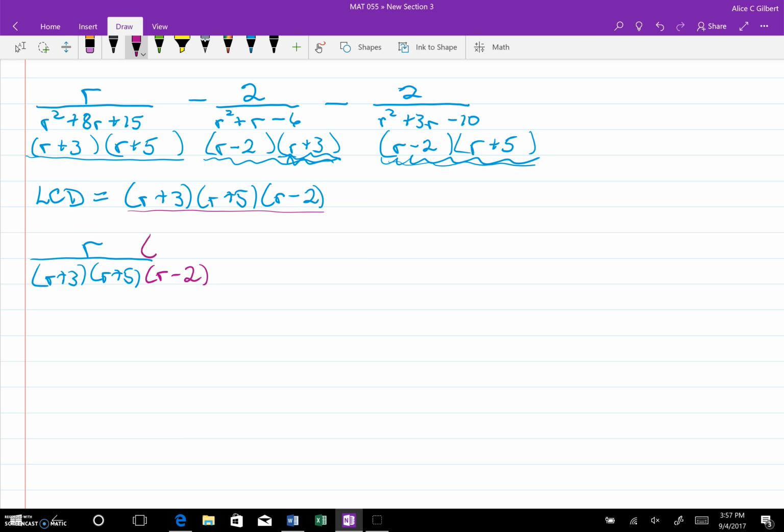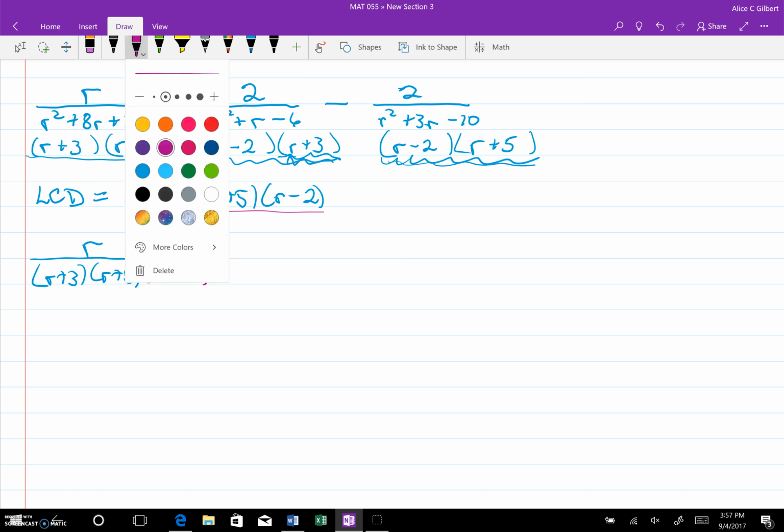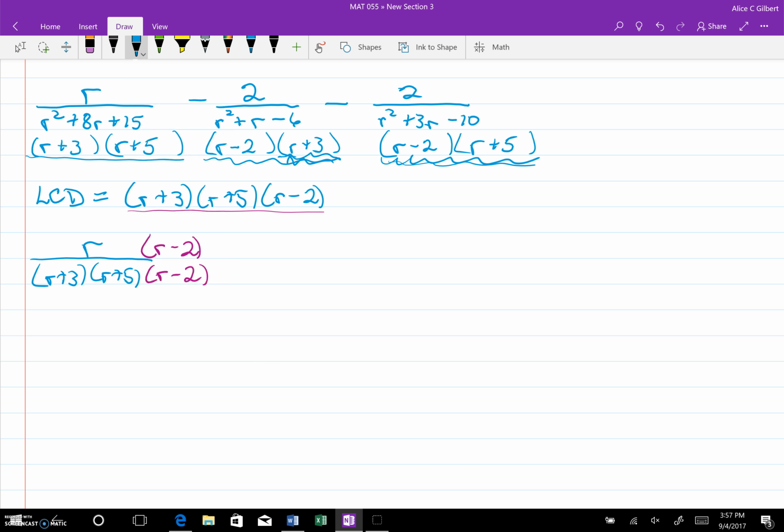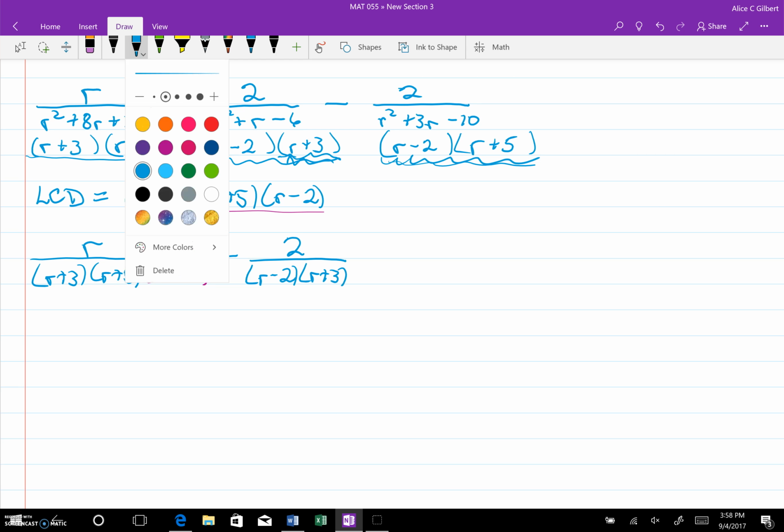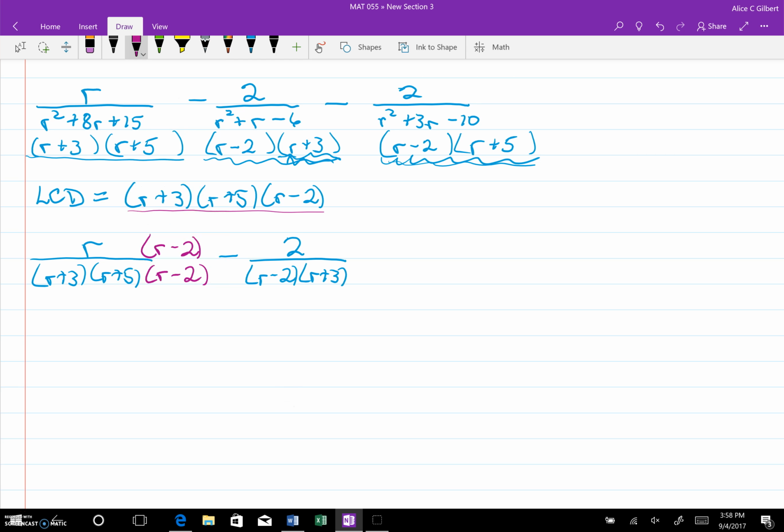If I do that in the denominator, I have to do it in the numerator. And then I write down my next term exactly like it is, r plus 3. And then I say, what do I need to multiply with all of these to get everything in my LCD? Well, that would be r plus 5. If I do that in my denominator, I need to do it in my numerator.